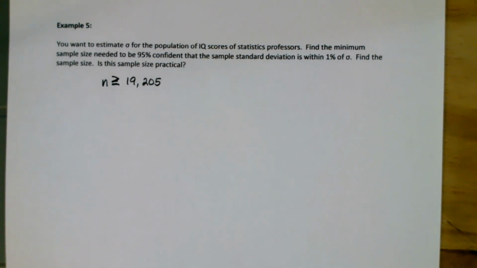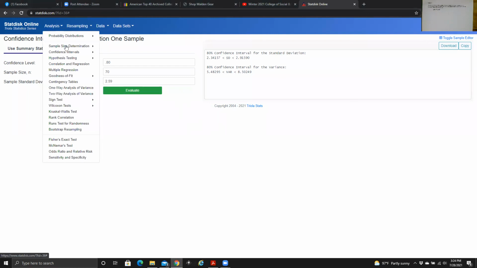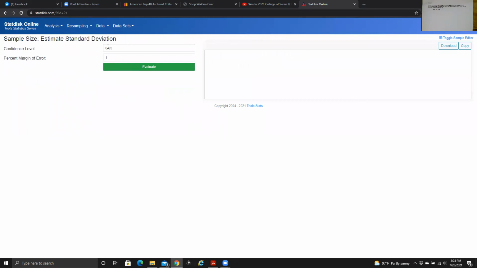So here's StatDisk. Now, in this case, we're going to go to analysis. This time, we're going to go to sample size determination and then estimate standard deviation. Here it is. You'll get this screen. The confidence level that we're dealing with in this case is 95% or 0.95. We already had that in. For percent margin of error, they say within 1%.